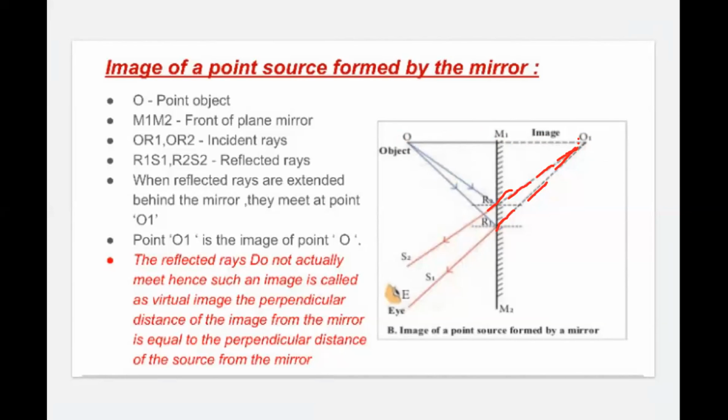So what inference can be drawn over here? The reflected rays do not actually meet, hence such an image is always called a virtual image. The perpendicular distance of the image from the mirror is equal to the perpendicular distance of the source or object from the mirror. And always they are going to be the same.